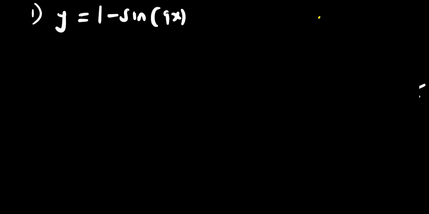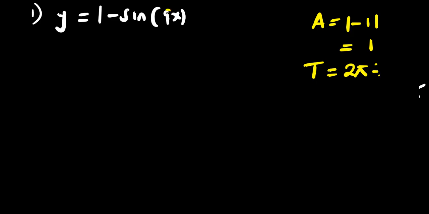You are able to see that it is -1 in front of sine, so it will be the absolute value of -1, which will just be a 1. The period we are saying is 2 pi over b. In this case, b is the coefficient of x, which is 9. So 2 pi divided by 9. Then the vertical shift, you're able to see that it is just a 1.